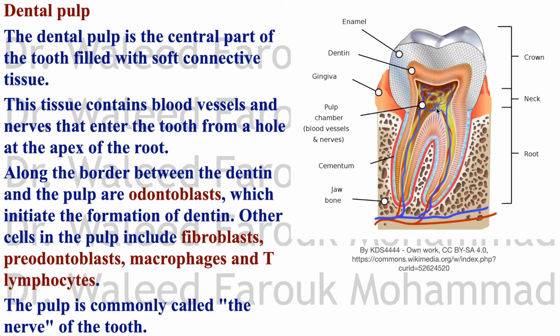Along the border between the dentin and the pulp lie the odontoblasts, the cells that form the dentin. Other cells in the pulp include fibroblasts, pre-odontoblasts, macrophages, and T lymphocytes. The pulp is usually called the nerve of the tooth.